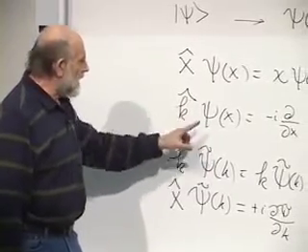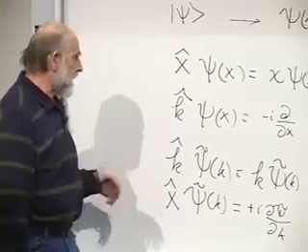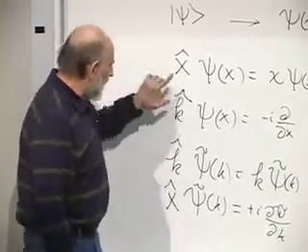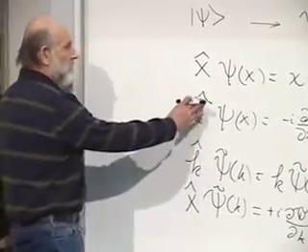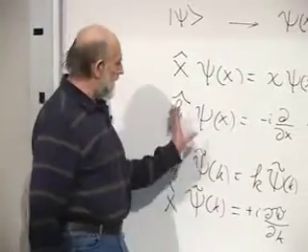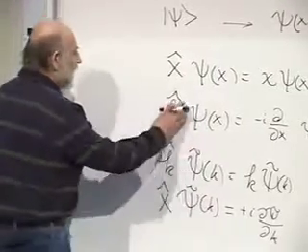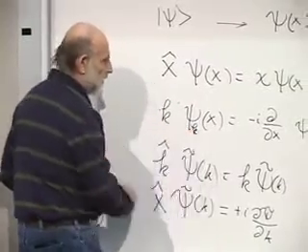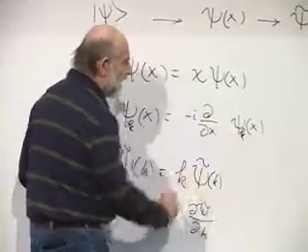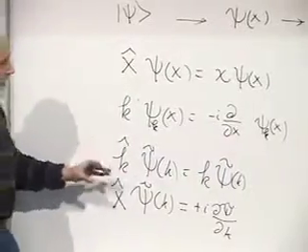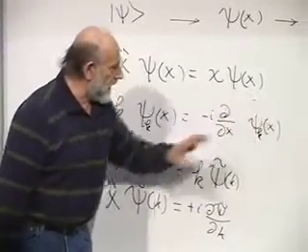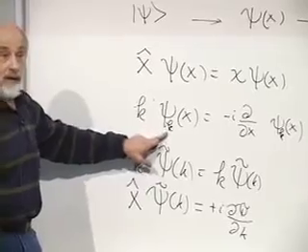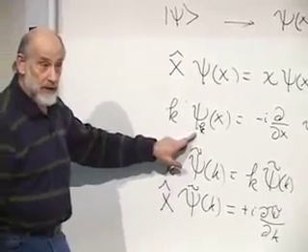Thought of as an operator equation, it's the definition of k hat. If we actually put a definite k here and said that this was psi sub k, this would be the eigenvalue equation that says that the momentum operator acting on psi of k gives us k, the eigenvalue, times psi.